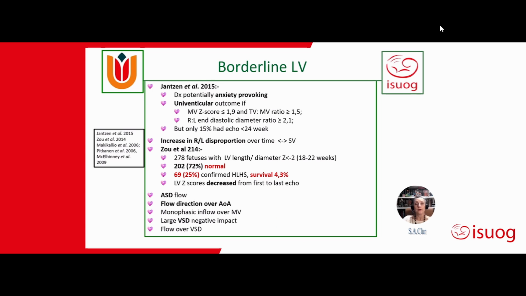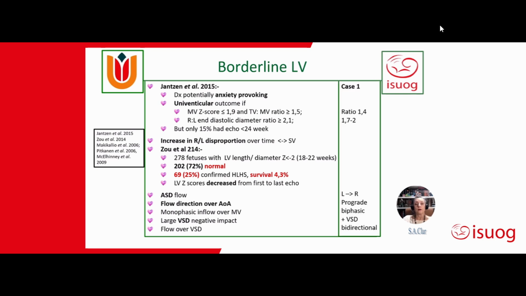The borderline left ventricle is an anxiety-provoking condition for the parents and all the doctors and people involved in the management of the case. We should try to predict if a biventricular outcome is possible. This is more likely if the Z-score of the mitral valve is greater than 1.9 and the tricuspid to mitral valve ratio is less than 1.4, which was the case in our case.